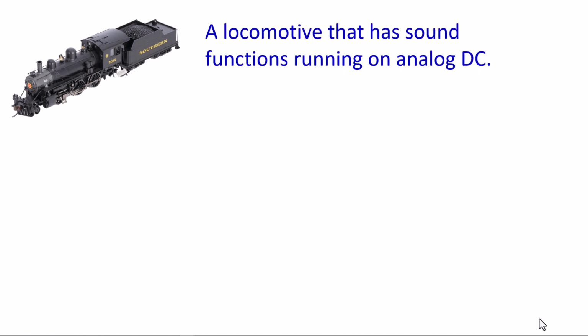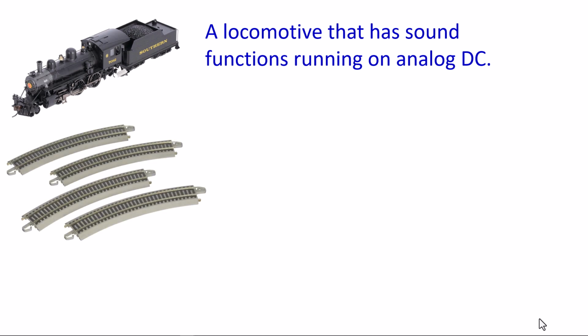So first we start with a locomotive that has sound functions, and it will run on analog DC and still have sound functions, even though it's a DCC decoder, because it also produces some of these sound effects with DC.